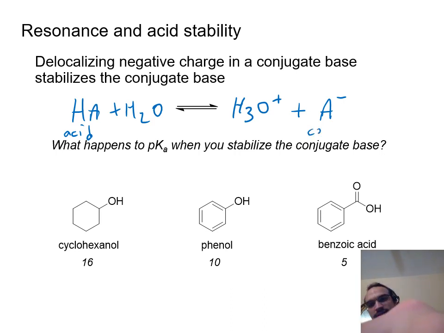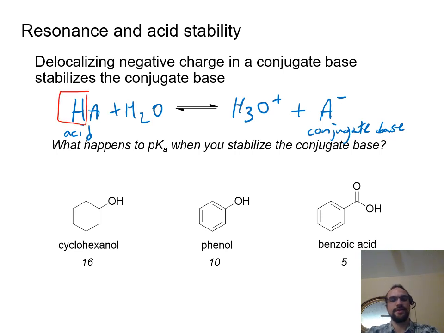So this is the conjugate base. It's the acid minus a proton. Right? And so this is the proton that gets transferred in the reaction.